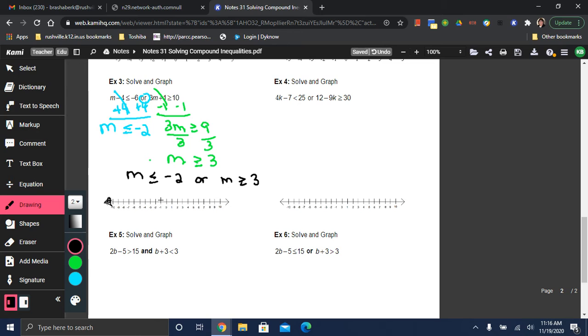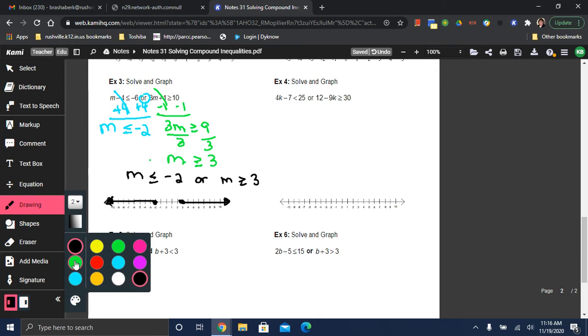We'll use a solid dot for the -2. And less than or equal to -2 goes in this direction. We have a solid dot for this one as well, for the 3, since it included the equal bar. And greater than or equal to 3 will go in this direction.